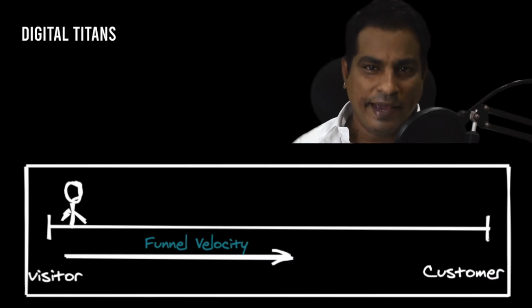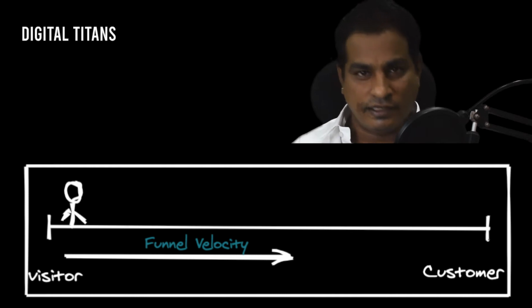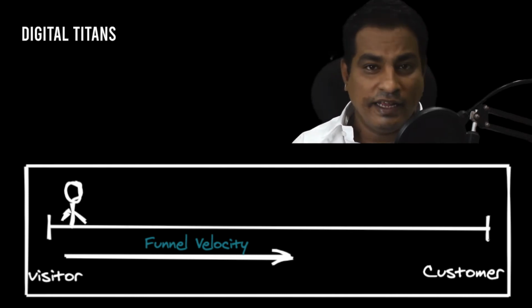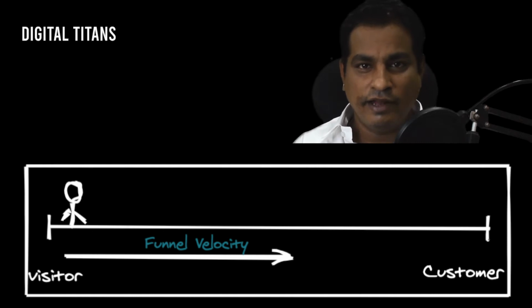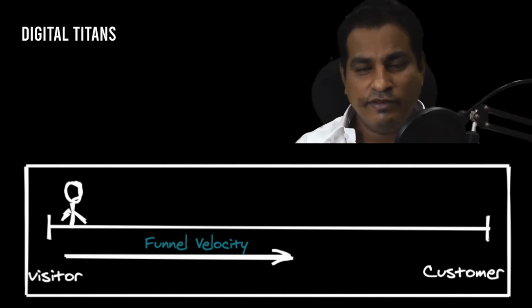Coming back to what funnel velocity means, funnel velocity is the pace at which a user gets transformed from a mere visitor to a customer. Now, he has to go through a lot of stages. Assume that he puts in his inquiry, so now he's a lead coming into the system. From the lead, you have to send out a lead magnet or a confirmation. Then that gets processed to another team, it could be a sales team, it could be a calling team that you have set up.